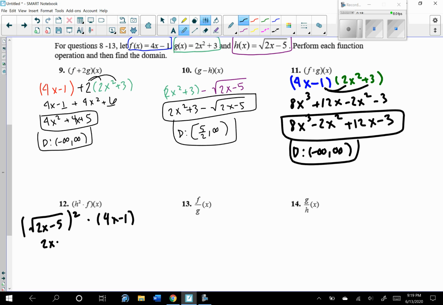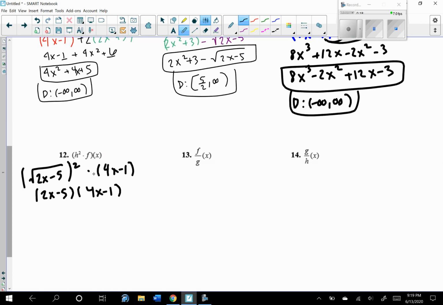So this is 2x minus 5 times the binomial 4x minus 1. We need to FOIL this out because it's a binomial times a binomial. Remember, binomial just means two terms. So that gives us 8x squared minus 2x minus 20x plus 5, so 8x squared minus 22x plus 5.